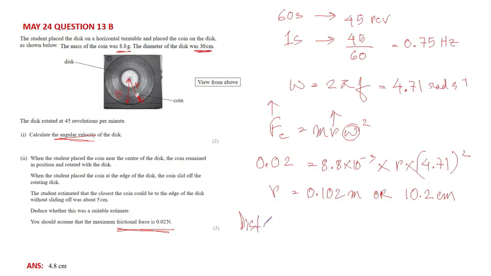So distance from edge would be 15 minus 10.2, and the value that you get is 4.8 centimeter, which is about 5 centimeter, and it also matches with the mark scheme.